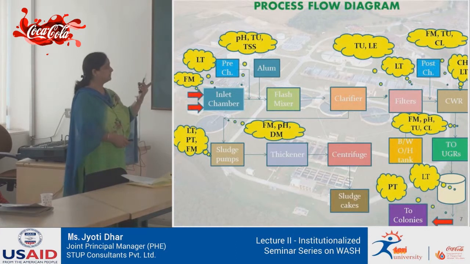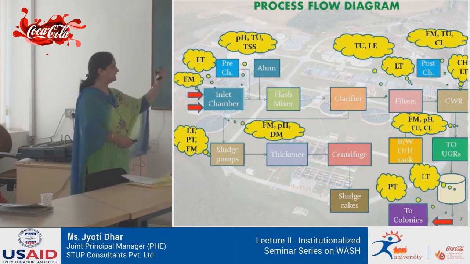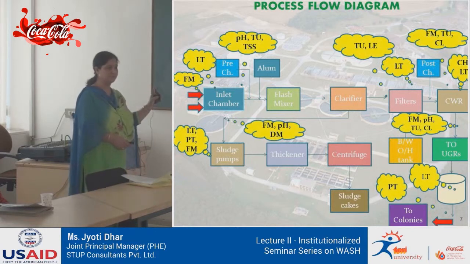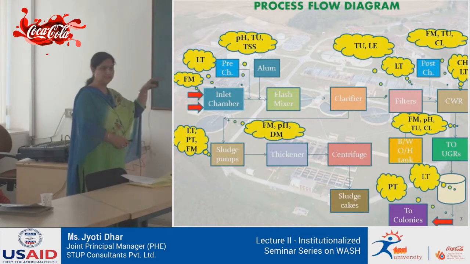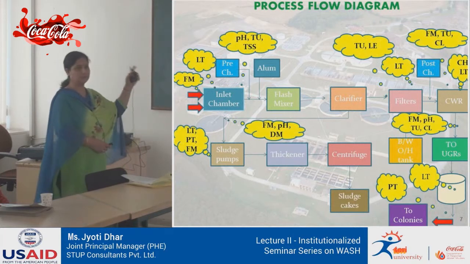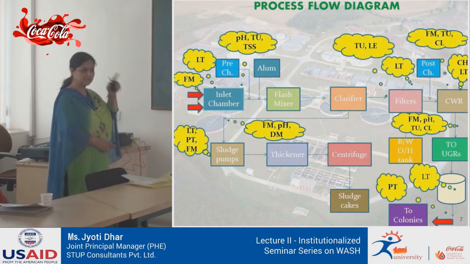Then you have pre-chlorination and LM dosing at the inlet chamber. Earlier, the pre-chlorination and LM used to be totally manually dosed based on judgment. Nowadays you have variable frequency drives which dose the LM and pre-chlorine based on the inlet flow meters and turbidity analyzers, so that automatic dosing takes place.